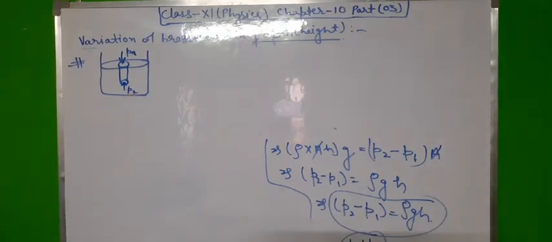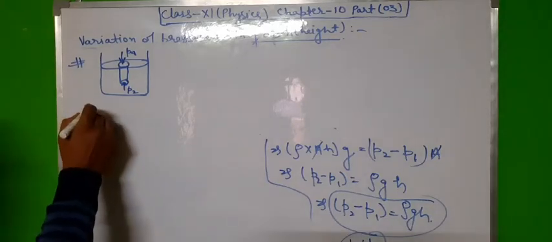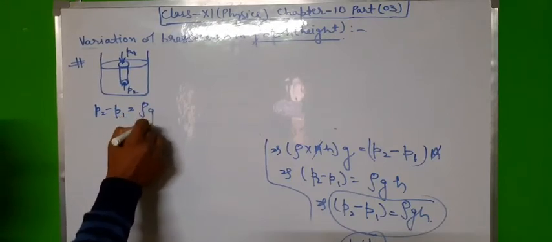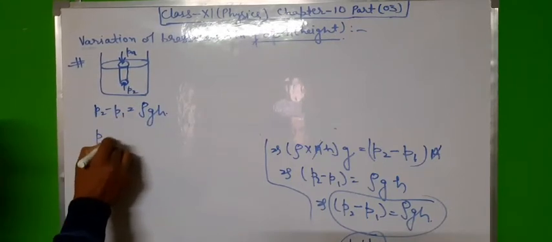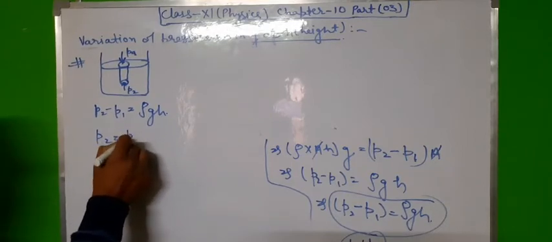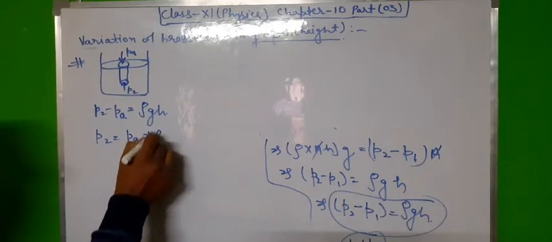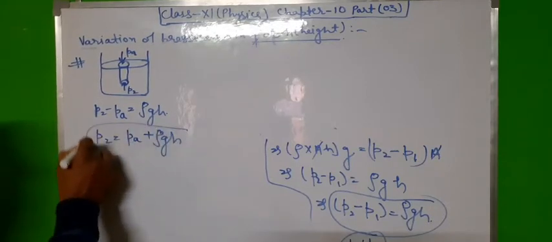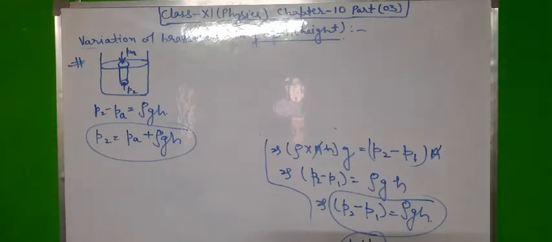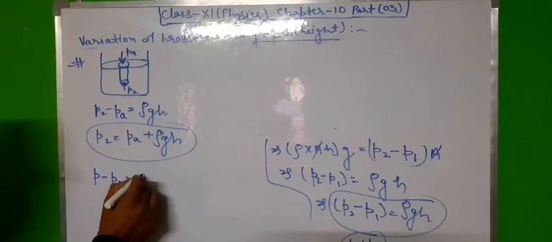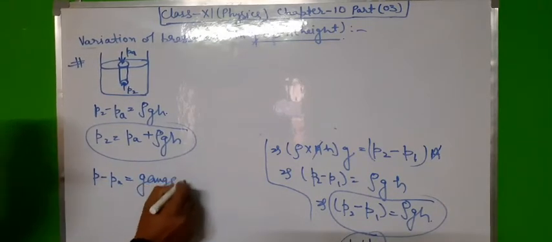So in place of P1 we will replace Pa, so P2 minus Pa is equal to rho gh, or P2 is equal to Pa plus rho gh, where Pa is the atmospheric pressure. The difference P2 minus Pa is called the gauge pressure.